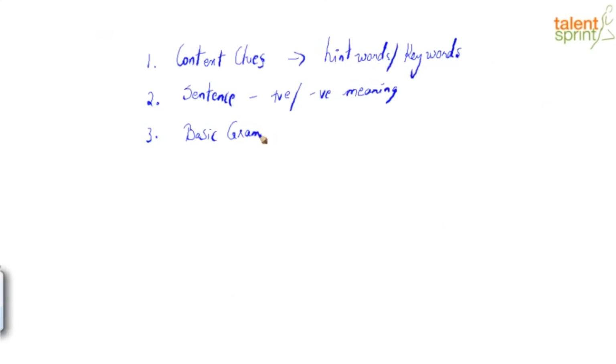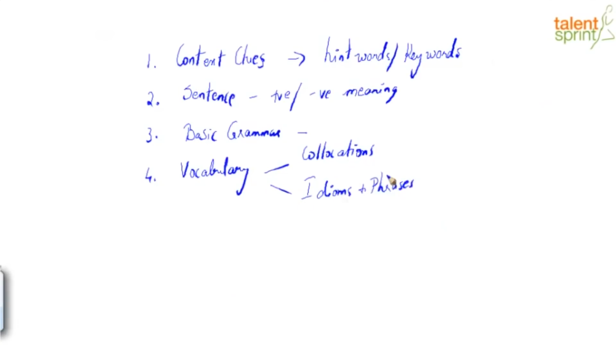So here itself we looked at tenses, comparison, phrasal verbs. These all will help. So there is lots to cover when it comes to basic grammar, right? Conjunctions, pronouns. So a good idea of your basic grammar will also help you identify the right answer choice. Fourth one is vocabulary. So when I say vocabulary, I'm talking about collocations, associated words that we saw, talking about idioms and phrases, right?